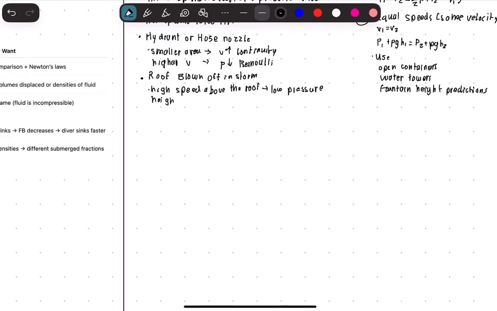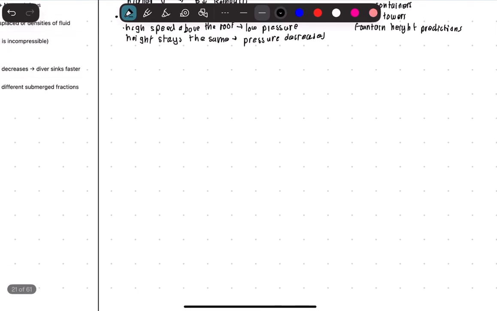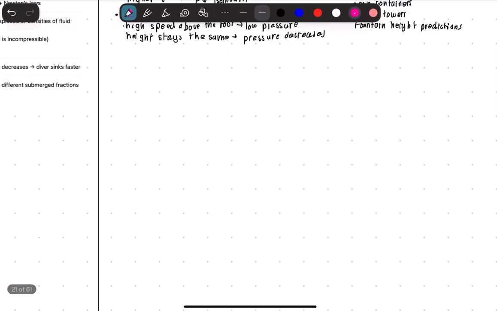And the height stays the same. So that means the pressure decreases.